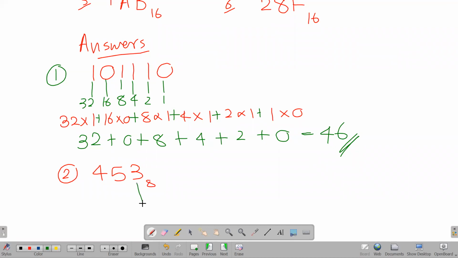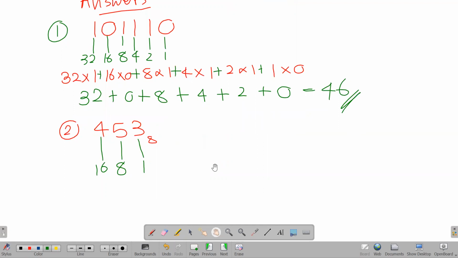So what are the place values going to be? It's going to be 1, 8, and 64. This is where you can go wrong with your multiplications, people, so be very careful. So it's going to be 16 into 4 plus 1 into 3.